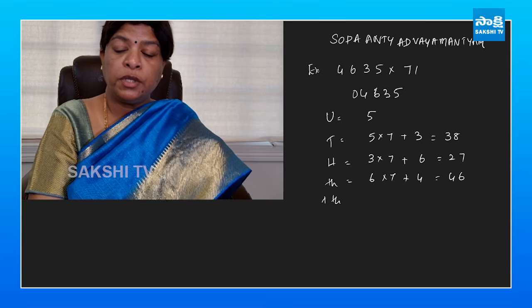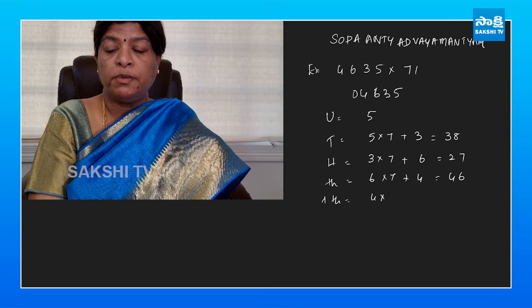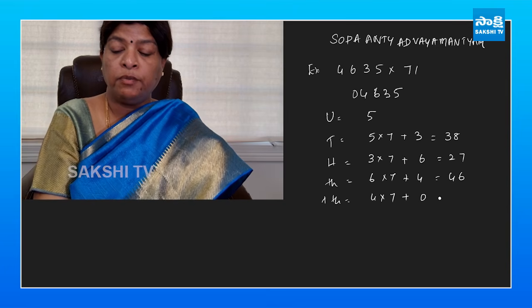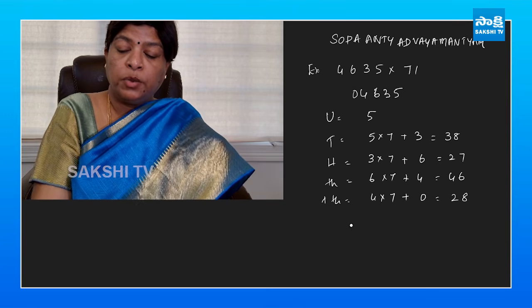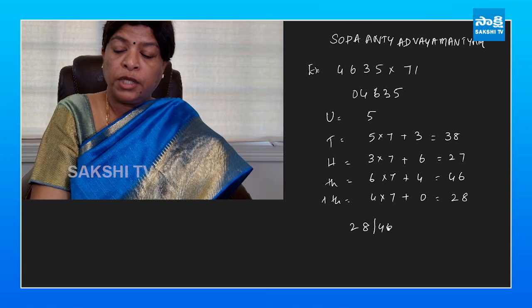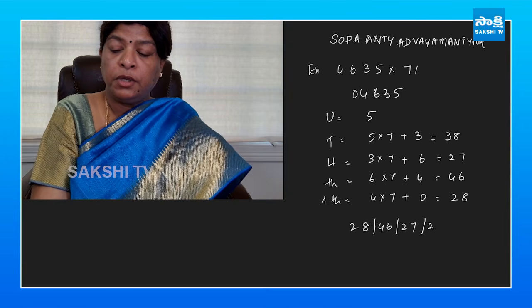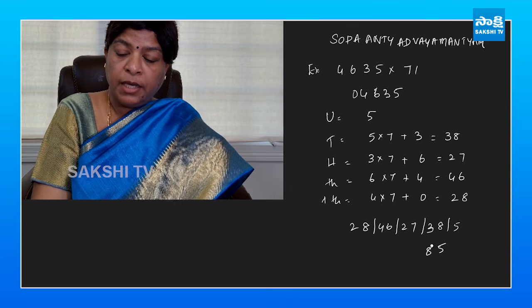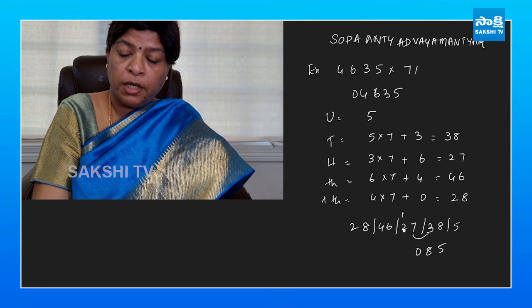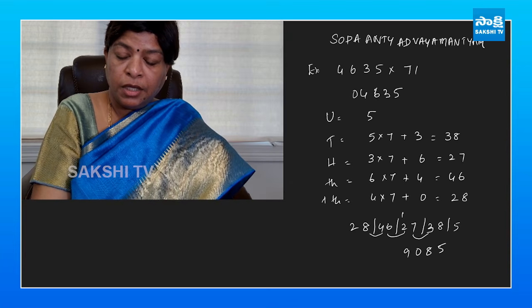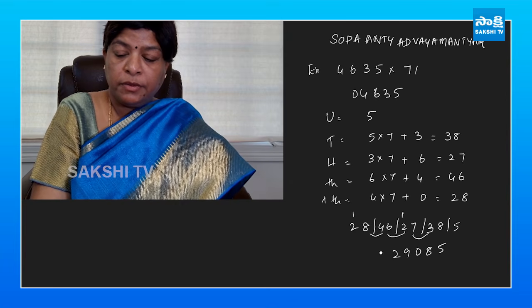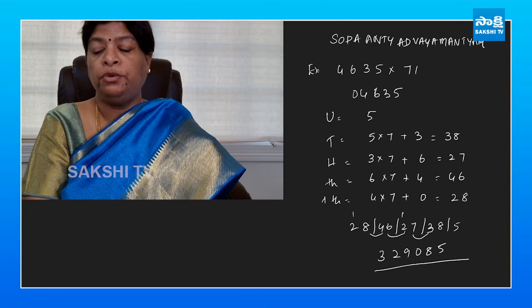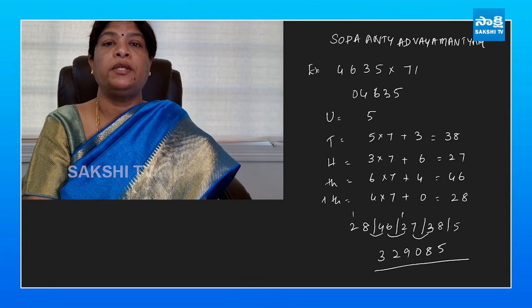For 10,000s, it is 4 times 7 plus 0, 28. So 28 followed by 46, 27, 38, and 5. So drop 5, 8, 0, 1, 9, 12, 3. So 329085 is the answer to this problem.